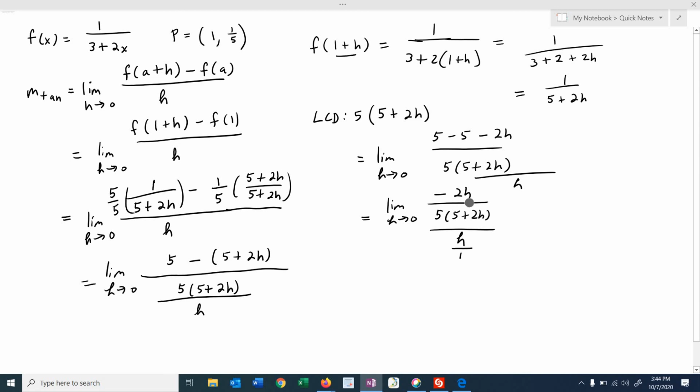Okay, so if you try to evaluate this using substitution right now, you'll get 0 over 0 still. So it's still in an indeterminate form. The way to fix this is when you have a fraction divided by another fraction, you can flip this bottom one and multiply by it. So let's do that.